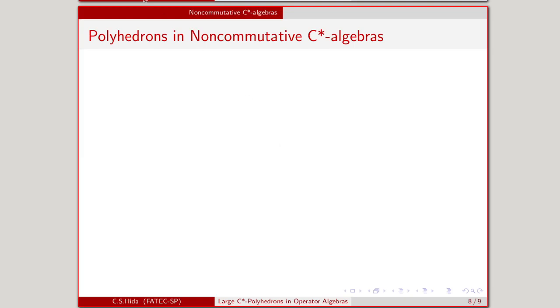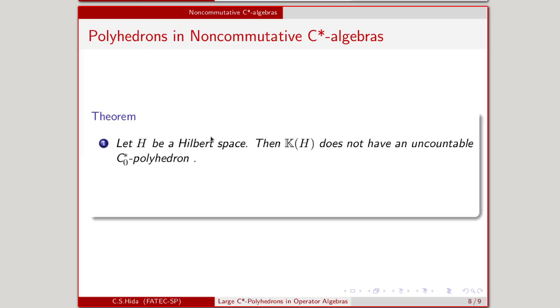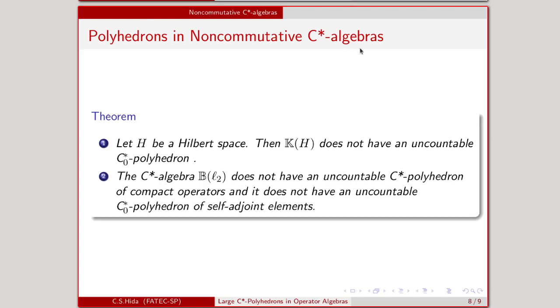In the non-commutative context, we have this result which tells that if you take a Hilbert space and then take the compact operators on this Hilbert space, then the C-star algebra of compact operators does not have an uncountable C-star polyhedron. And the classical C-star algebra B(L2) does not have an uncountable C-star polyhedron of compact operators, nor does it have an uncountable C-star polyhedron of self-adjoint elements.